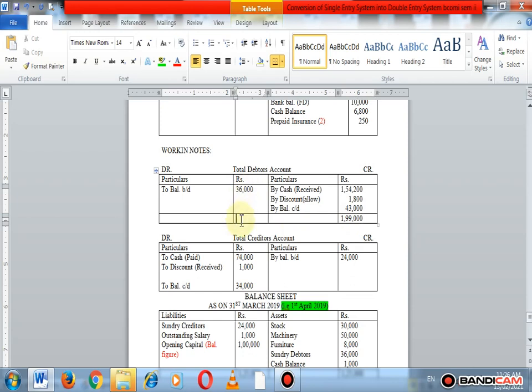Put this total on debit side, 1,99,000, and find the difference, and that difference is called sales into bracket credit, 1,63,000. 1,63,000 is credit sales, into bracket balancing figure.